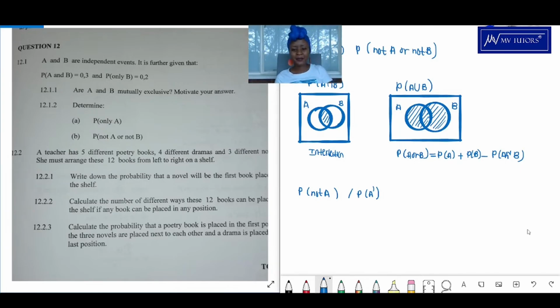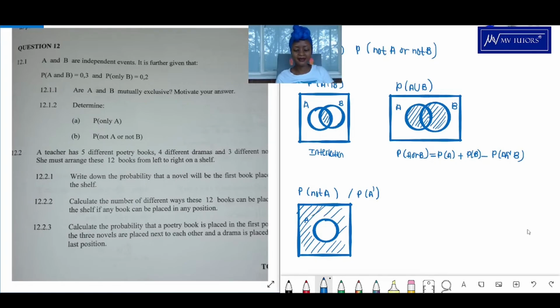So if I have just event A alone, and I have my sample space over there, not A means everything outside of A, because it's not A.